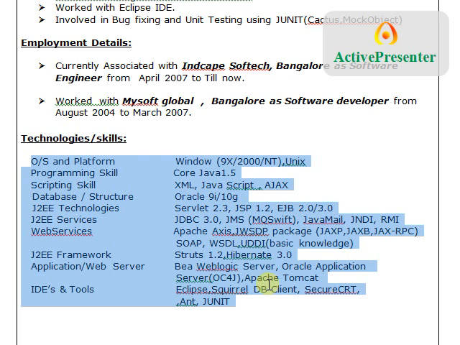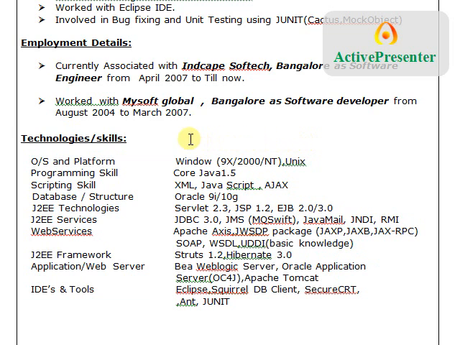So used is different from worked on. For example, here the candidate has mentioned OS and platform and Windows. The candidate in this case has probably used Windows, but has not done anything specific to the Windows operating system.